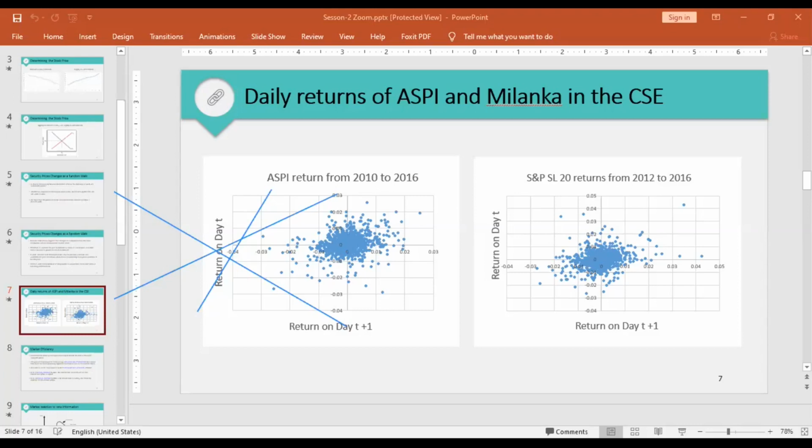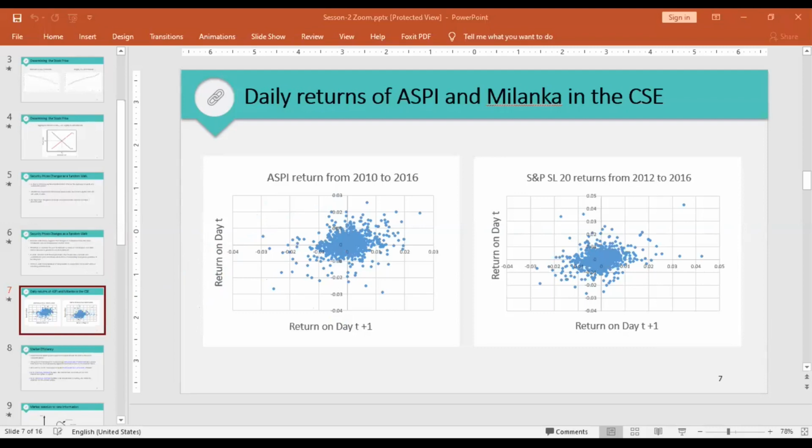That is the theory proposed by the random walk theorem, which argues that past returns have nothing to do with the future. In other words, we cannot predict the future using past information about the share returns. That is what is meant by the random walk theory.